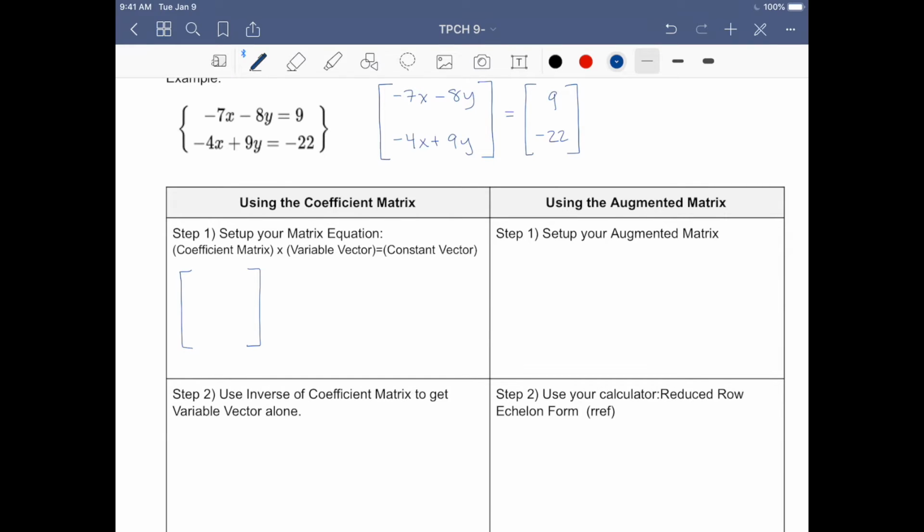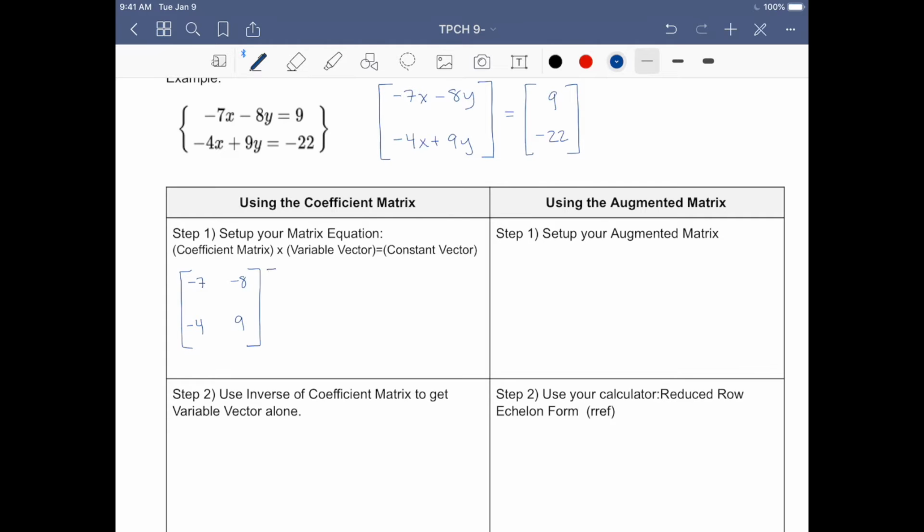So the coefficient of x in the top equation is negative 7. The coefficient of y in the top equation is negative 8. The coefficient of x in the second equation is negative 4, and the coefficient of y in the second equation is 9.